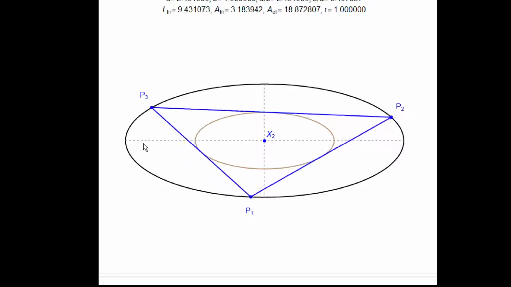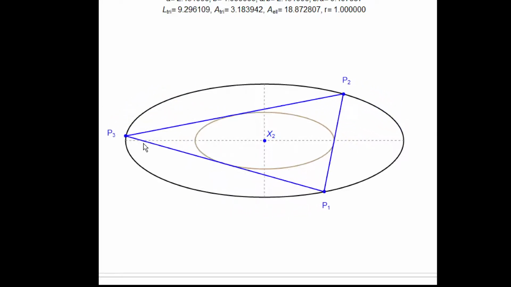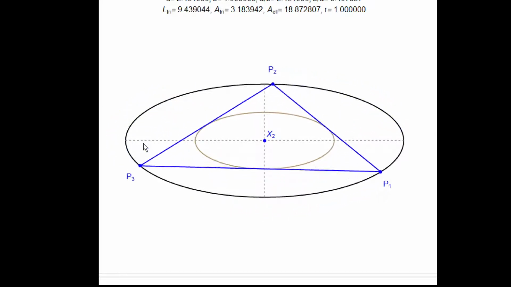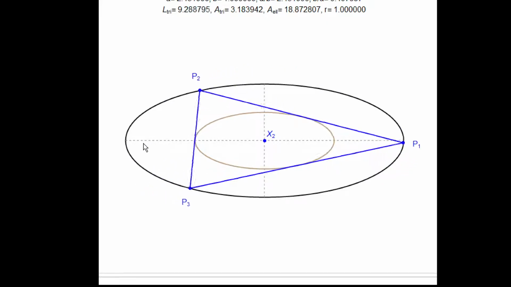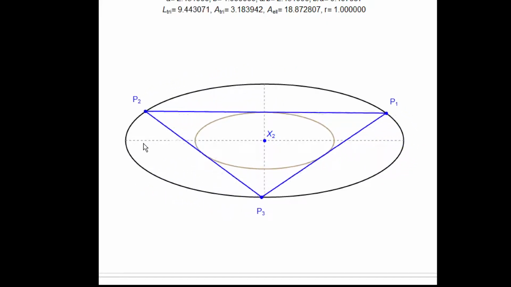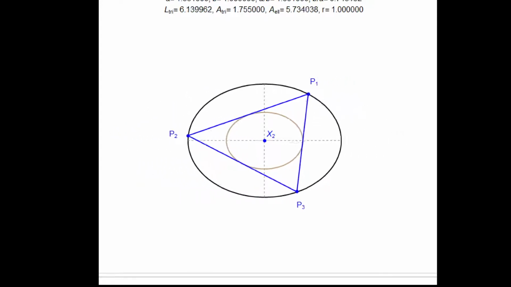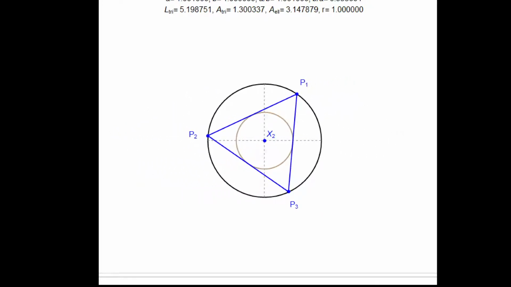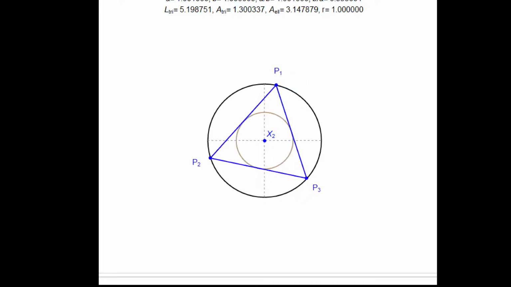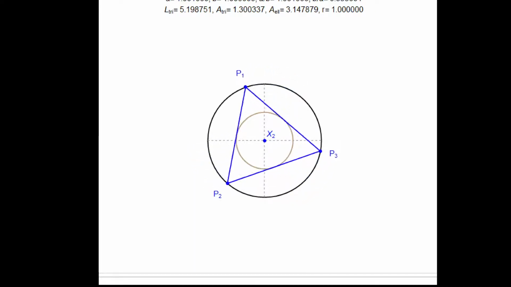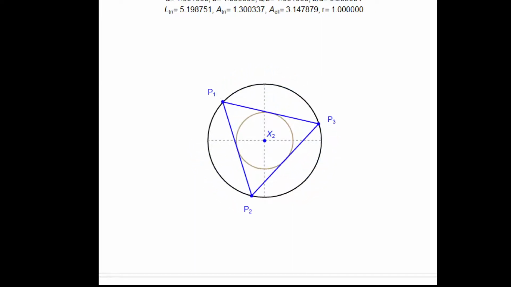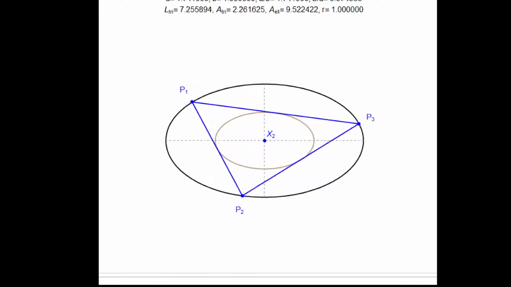This family of triangles preserves areas. As you can imagine, it is an affine image of the Poncelet family interscribed between two concentric circles. So this family here is the affine image of a family of equilateral triangles interscribed between two concentric circles. We can talk about this affine image.